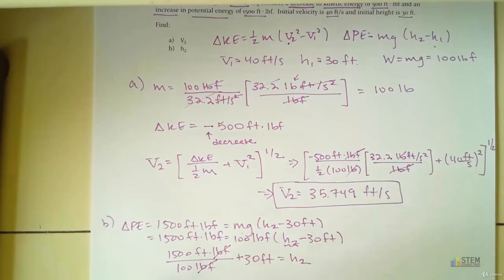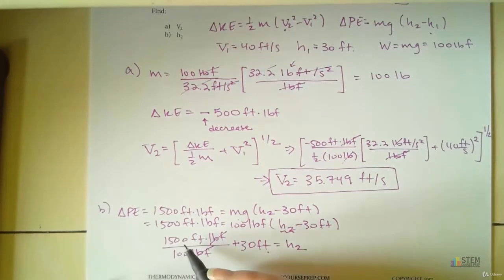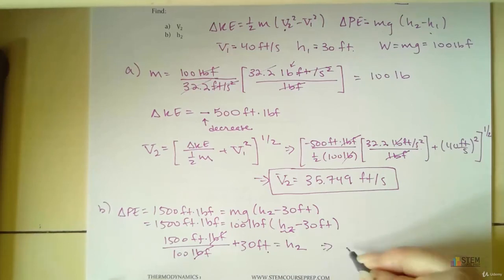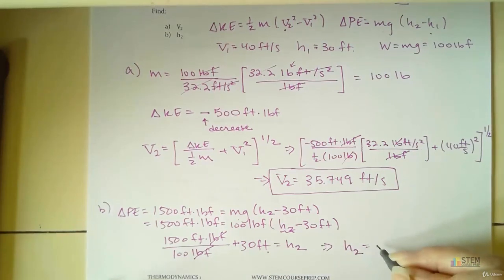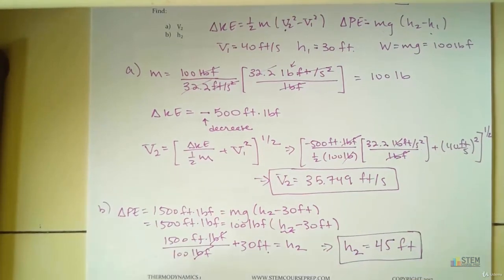Pound force, those cancel. You're left with feet and then feet. So you can add those units. So it's perfect. So now dividing this, that'll give you 15 plus 30. So h2 is going to be 45 feet. Okay. So there you go.